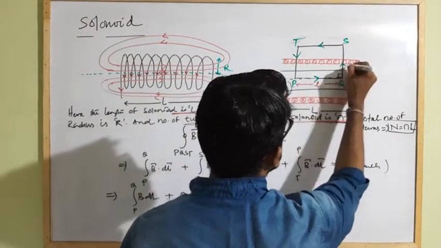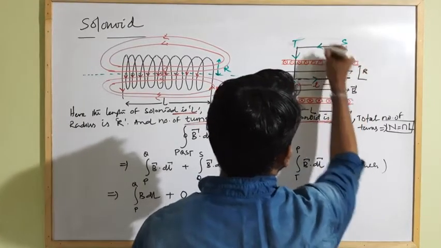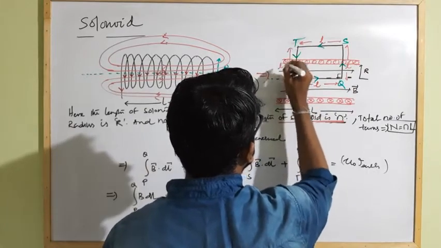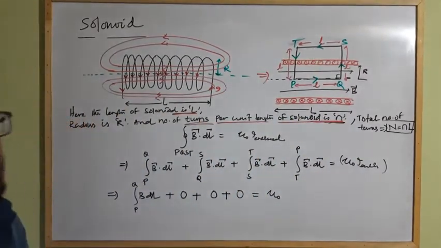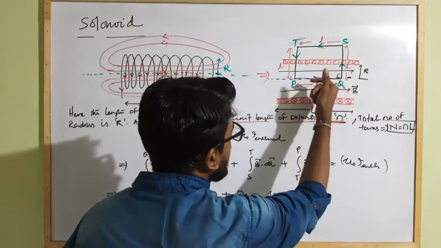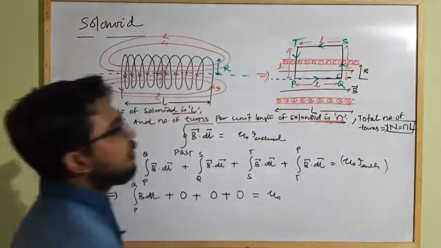This is also small l length, and this is also small l length. We are assuming a rectangular Ampérian loop of length small l.